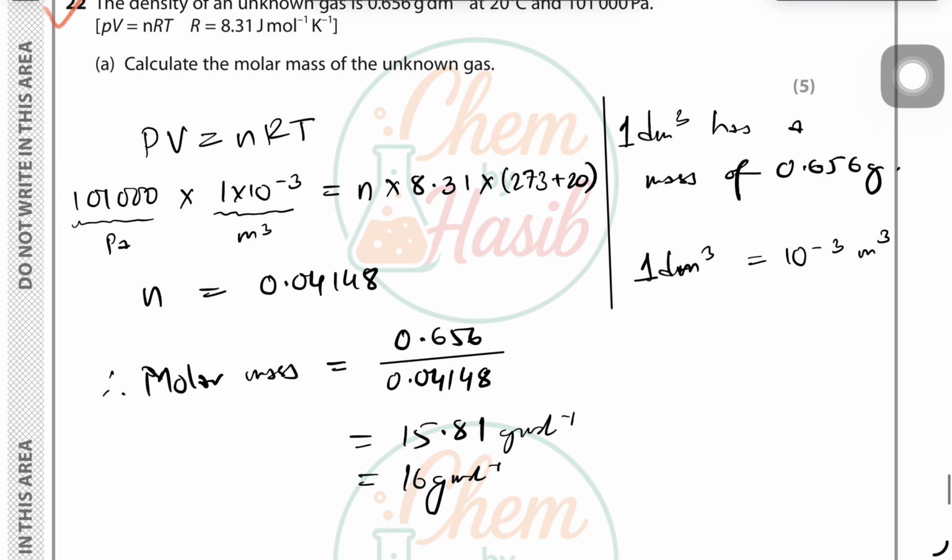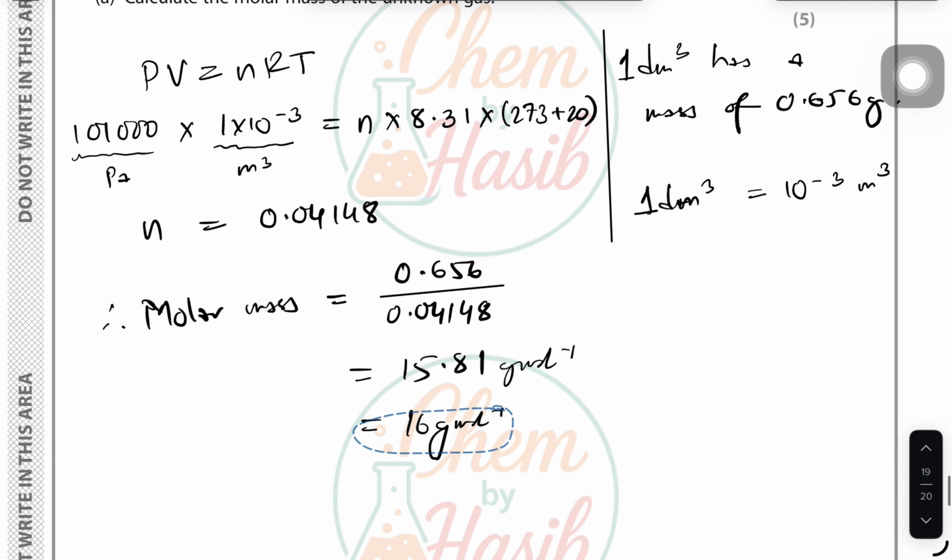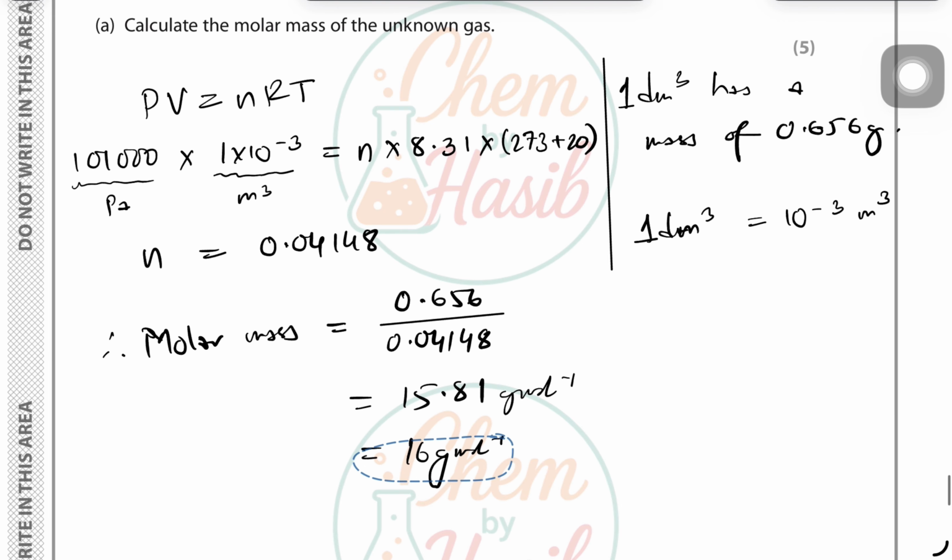Since the question doesn't ask about the number of significant figures, you can round to any number of significant figures, except one significant figure. 1 SF is never accepted in the exam, never.